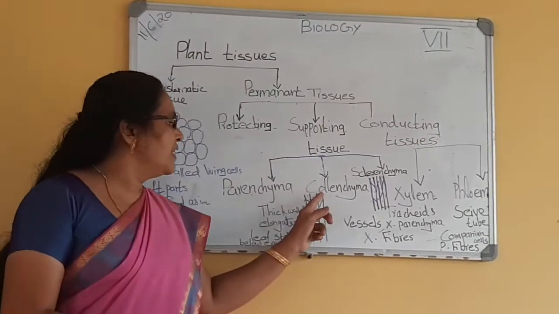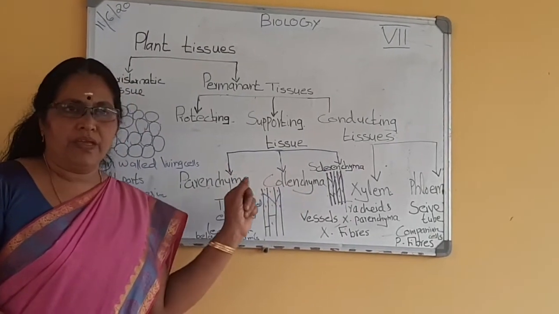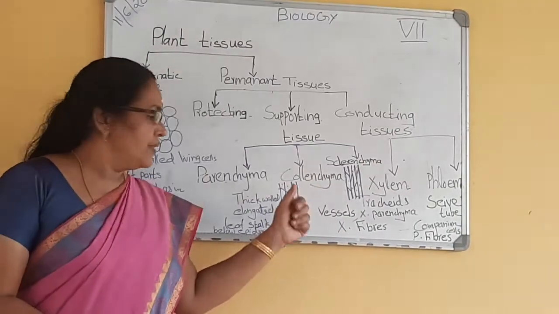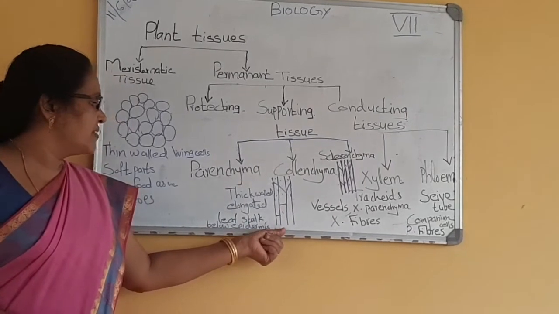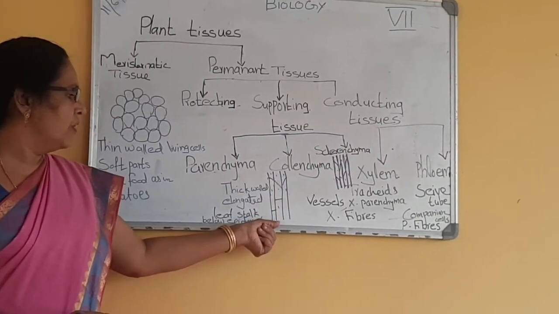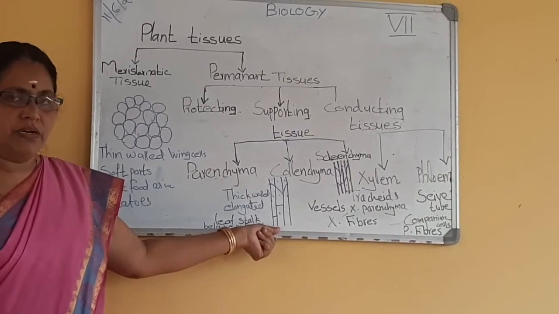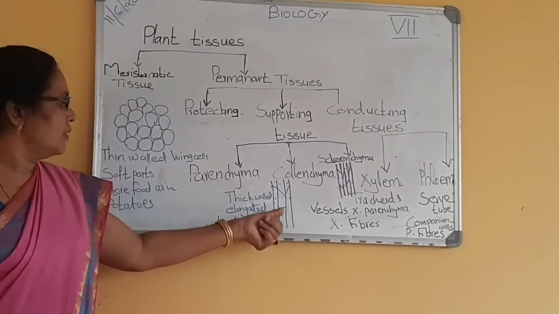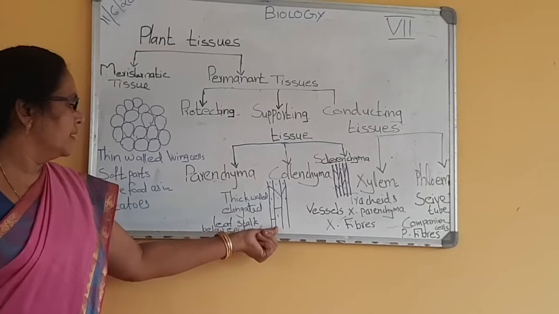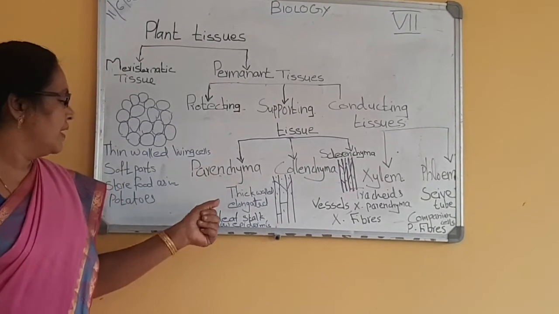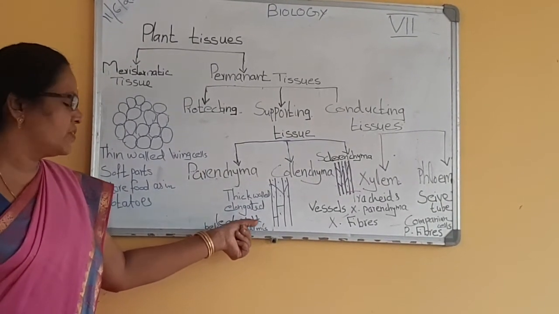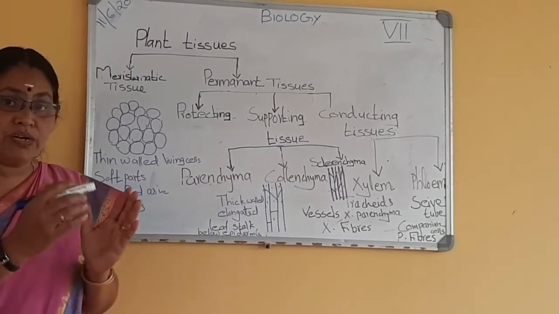Then the second one is the collenchyma. They are elongated cells, thick-walled elongated cells, as seen in the figure drawn on the board. They are mainly found in the leaf stalks to support the plant parts.